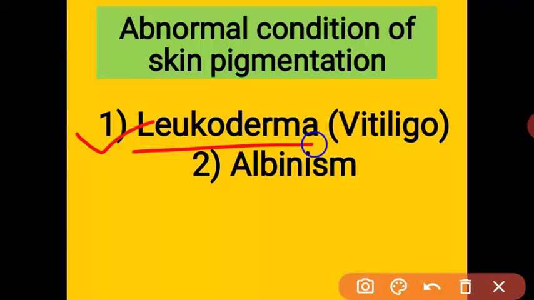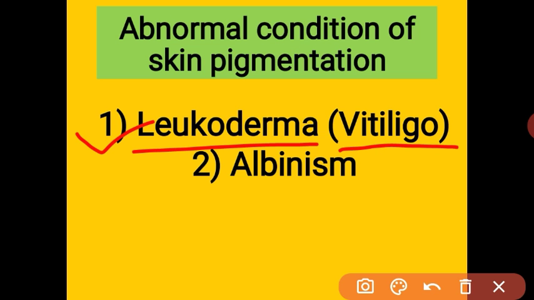First, leukoderma. It is also called vitiligo. It means the skin pigment is lost. In the skin there are small or large white patches in different regions. This condition is called leukoderma. It is an abnormal condition in which the melanin pigment is secreted abnormally in our body.